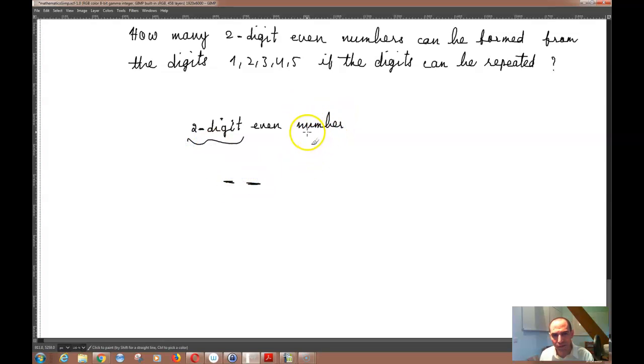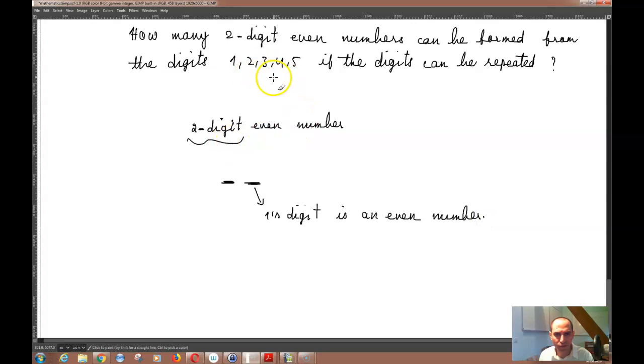And then the ones digit of that number is supposed to be an even number, because if the number is supposed to be an even number, the ones digit is supposed to be an even number.